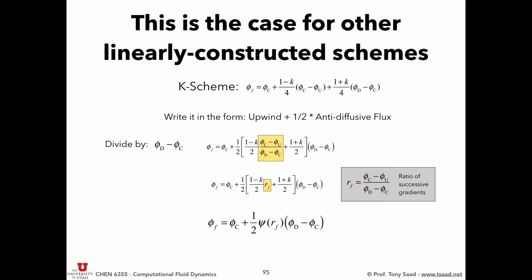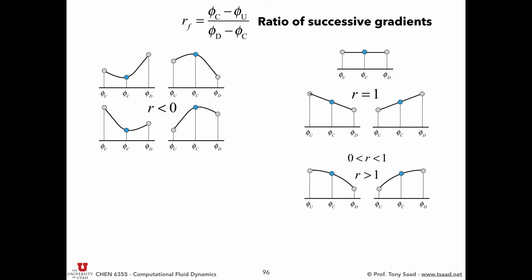Now, before you jump to conclusions and get the aha moment, let's look at what R, the ratio of successive gradients, means. Eventually, you're going to call this psi the limiter function, and you'll understand why. But let's first look at what we mean by this ratio of successive gradients, okay? We have a few situations.